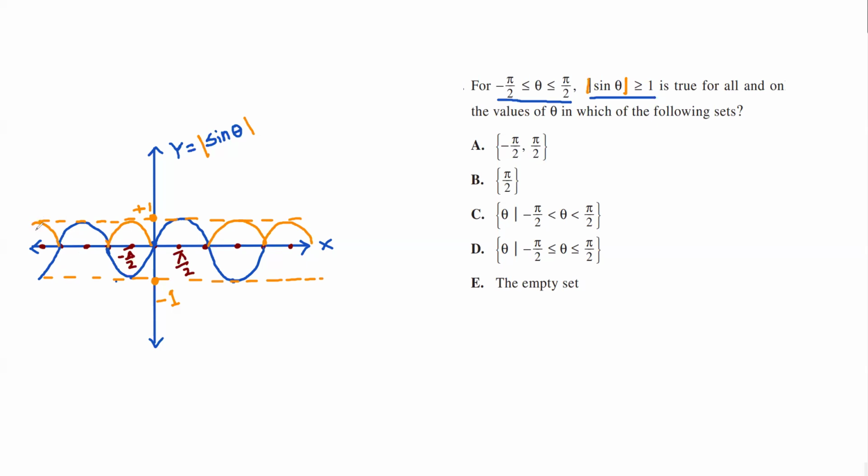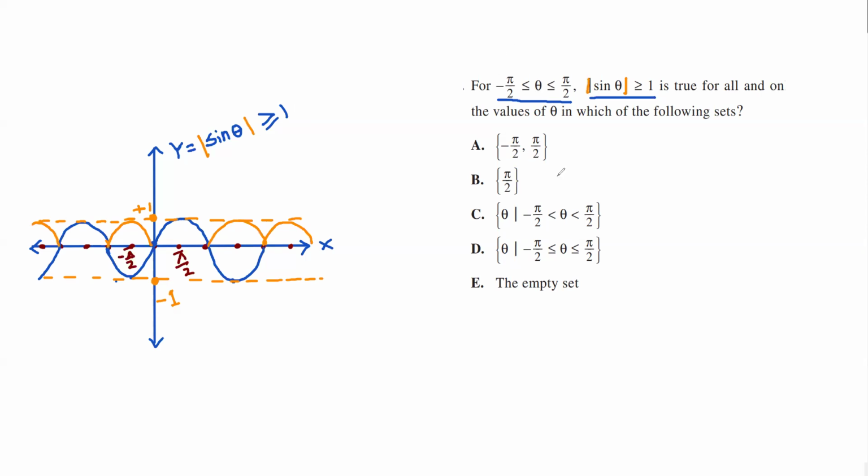Now it says that absolute value of sine theta is greater than or equal to 1. But we know that absolute value of sine theta cannot be more than 1, right?